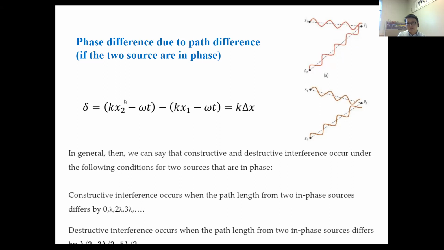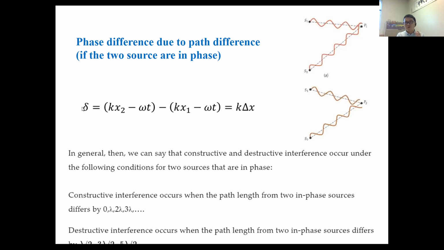When you look at the arguments in the sine function, if there's no initial phase difference, you take this one minus that one, and the result is k delta x. That gives you a difference similar to delta.